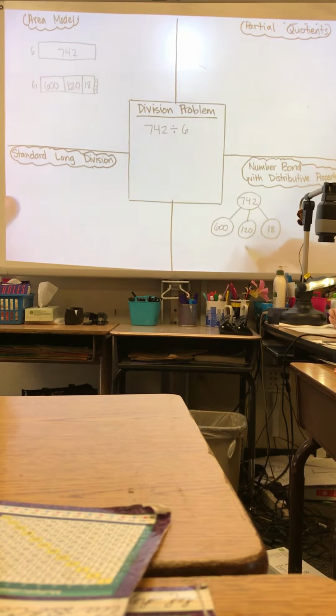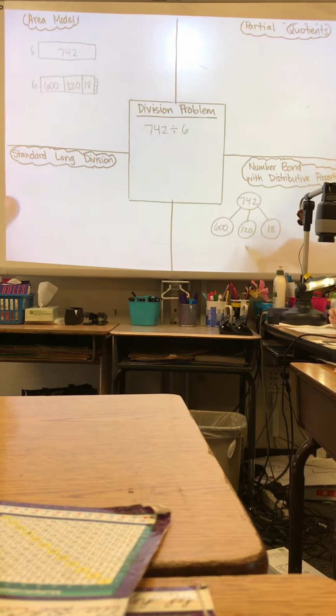So 600 divided by 6 plus, we're adding that, 120 divided by 6 because each one of them has to be my factor, plus 18 divided by 6. Again, my factor is present in each one for my distributive property because I'm distributing my factor, my divisor, to each of my decomposed parts of my dividend.